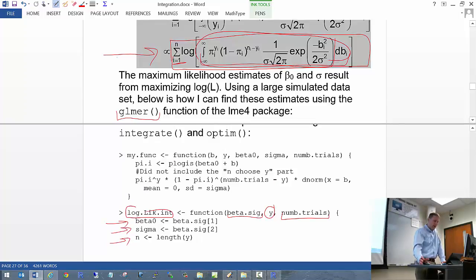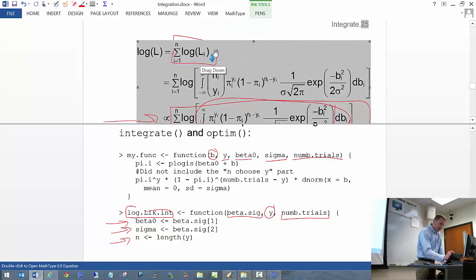Let's look at my.func. This is how I put the function I'm integrating into R. I'm integrating over something called b. I need to pass in my data, my current value of beta 0, my current value of sigma, and also the number of trials.